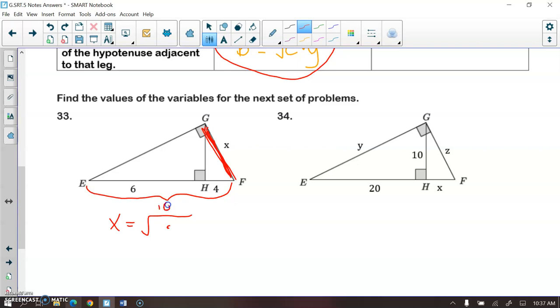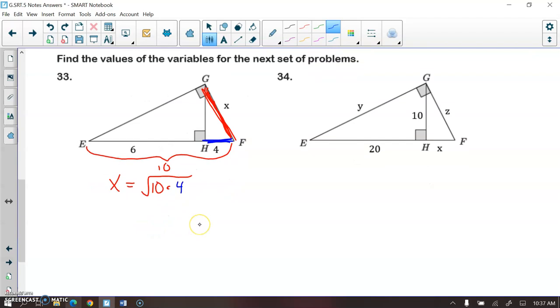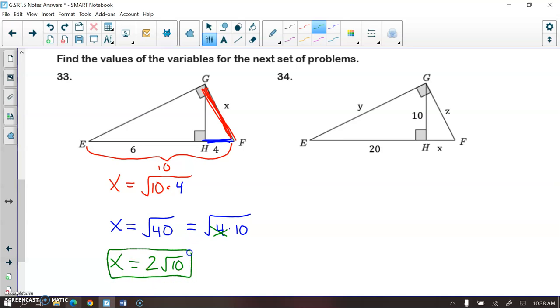My whole hypotenuse is 10 times the part of the hypotenuse that that leg is adjacent to, which is 4. So I wind up with x is equal to the square root of 40. We are going to simplify this radical. The largest perfect square factor of 40 is 4. The square root of 4 is a 2, and we're left with 10 underneath my radical. 2 root 10 is your value for x.